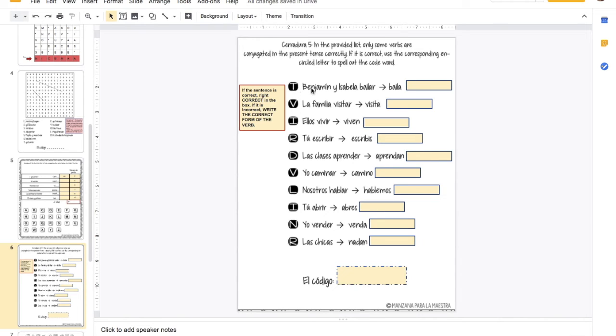So let's say I'm looking at T, and what I'm looking for is, once again, the conjugation. Make sure that this verb matches the subject of the sentence. If it matches, then that means that it's correct, and you're going to use that letter in your code. If it doesn't match, then you're going to have to correct it and completely disregard that letter as being part of your code.